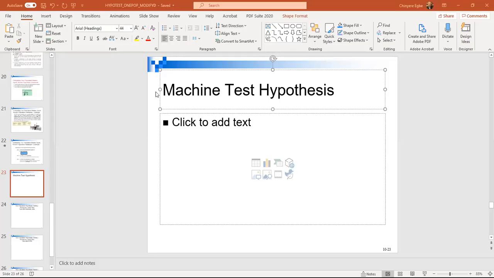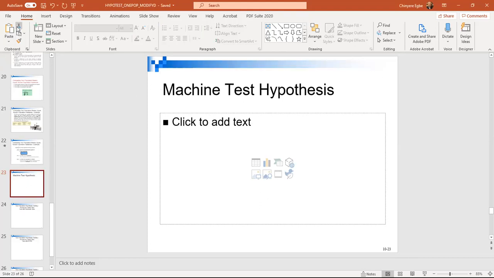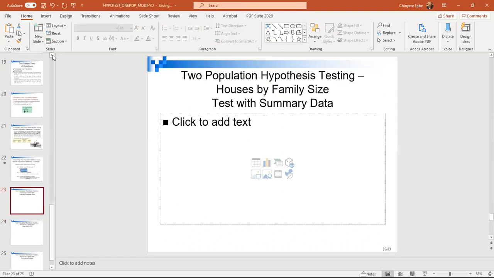I'll share my screen. And I'm going to begin with the machine test hypothesis. I'll move it up.